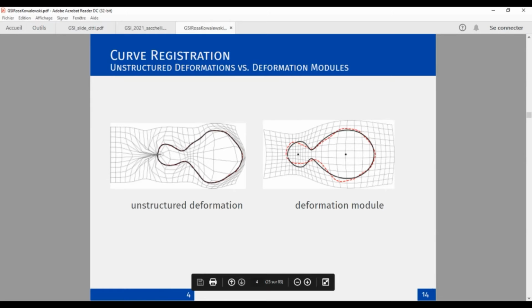We have the perfect matching, but somehow distorted deformation for the unstructured deformation. And then we have a deformation created by deformation modules, which may represent the general structure of the deformation better. And it also allows to interpret the amount of scaling in each part of the shape.